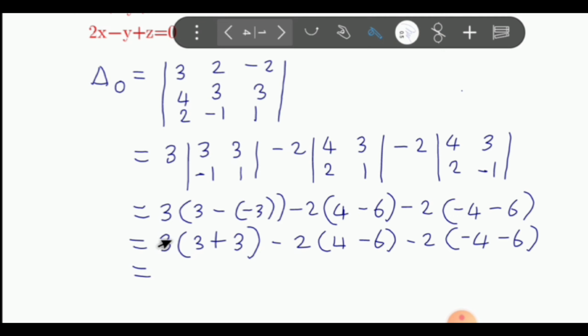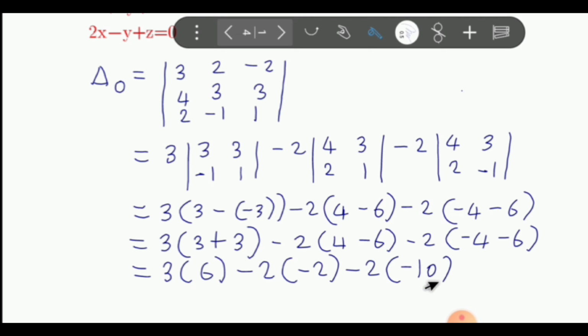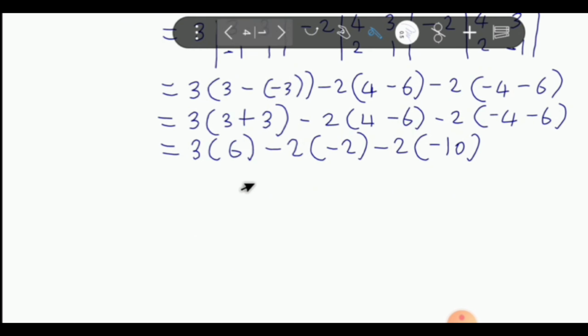So here will be 3 bracket 6, minus 2 bracket minus 2, minus 2 bracket minus 10. So we say here will be 18, 3 times 6 is 18, plus 4, plus 20. So 18 plus 4 will give us 22. 22 plus 20 will give us 42. So our delta naught is equal to 42.